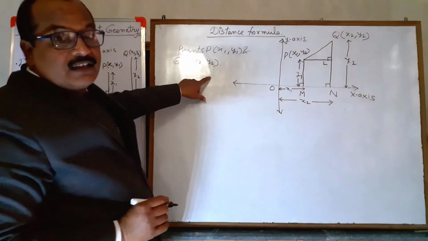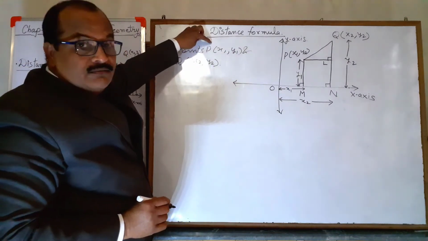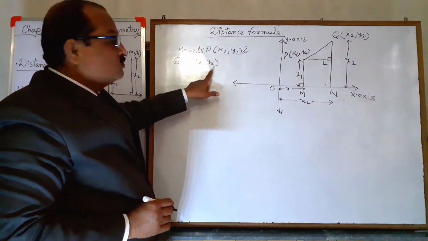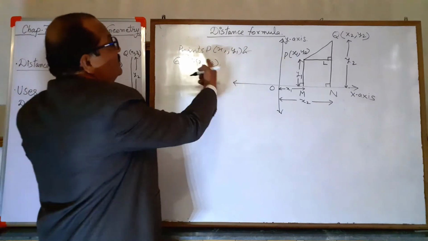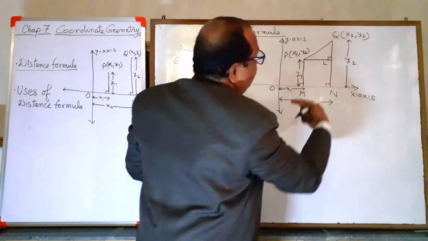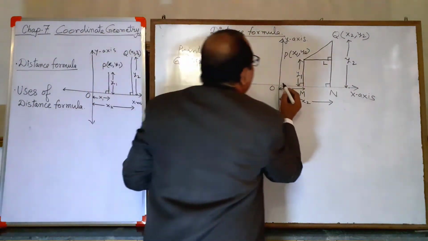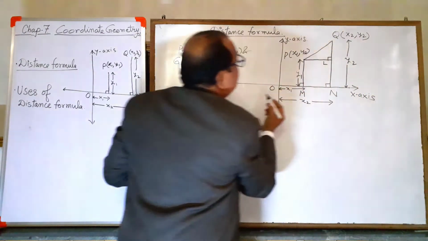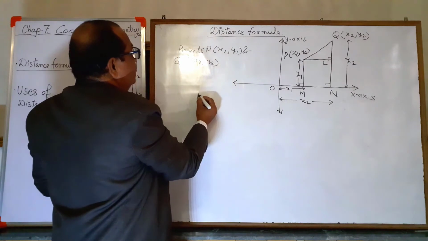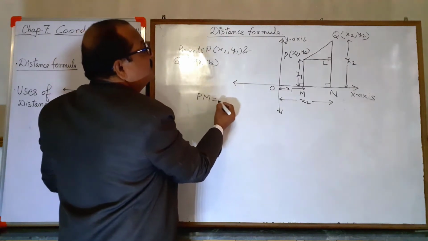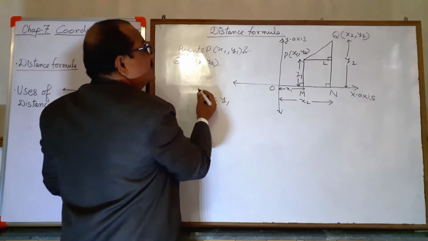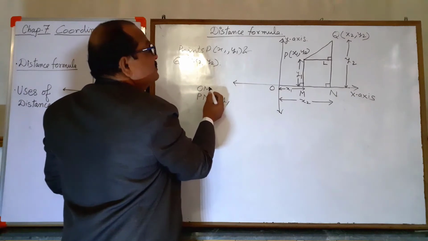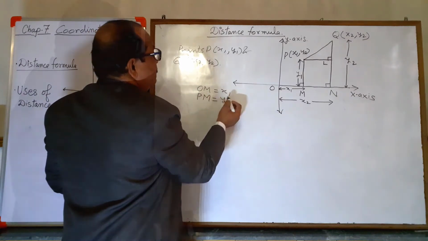These 2 points are given and we want to find the distance between these 2 points. So these 2 points are located on the plane and after location you can see about these distances. You can see PM is y1, OM is x1.